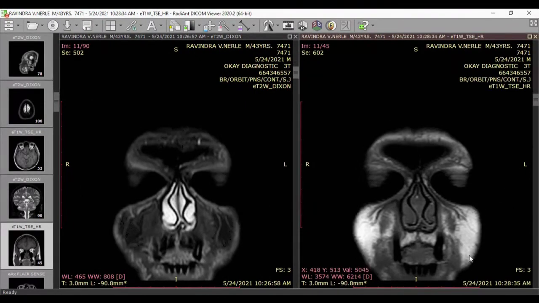See the fat in the cheek, and classically the fat in the upper alveolus. This is the bone marrow of the upper alveolus, which is suppressed on T2 fat suppressed. If on T2 fat suppressed there is enhancement, that is inflammation. Suspecting mucor means here the mucor has invaded the alveolus. That is what you can pick up.